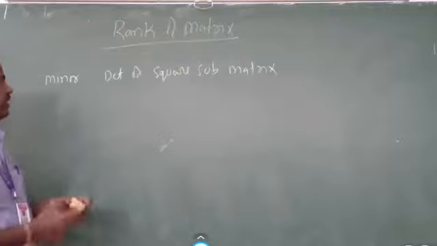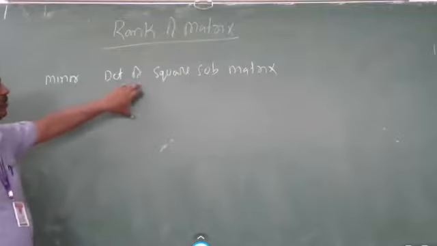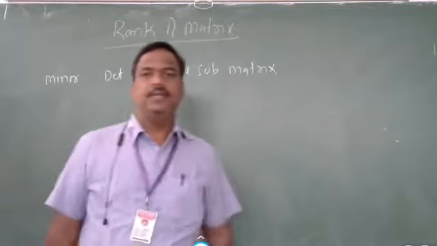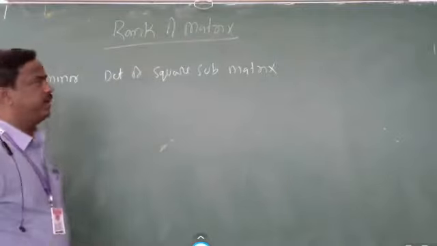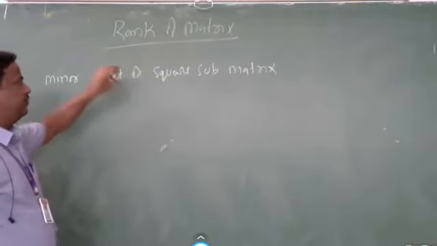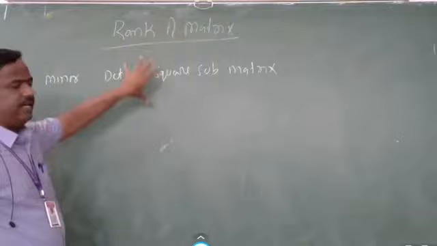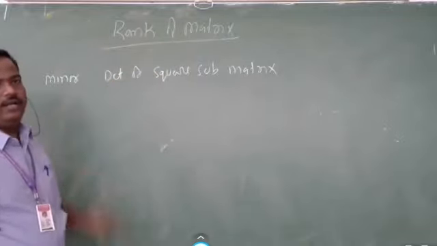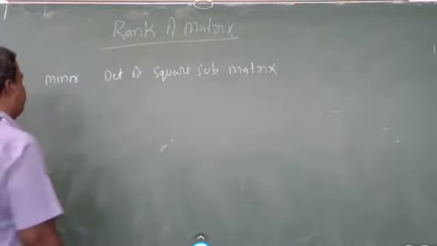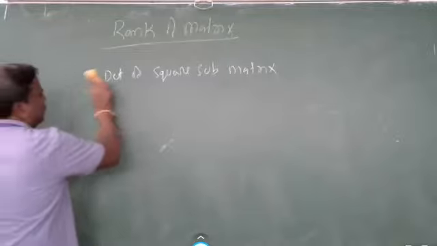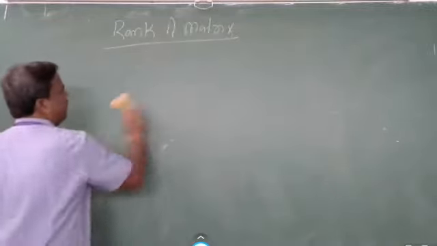Or simply, you can write: a minor is a determinant of a square submatrix. How do you get that square submatrix? You get it by eliminating the corresponding row and corresponding column. That is the minor definition.